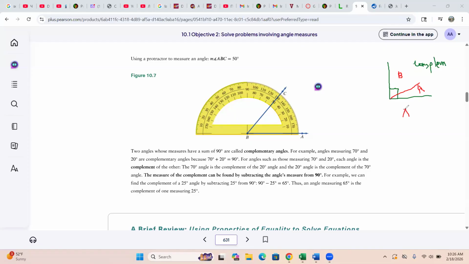Well, what's going on? Let's just jump. A plus B will give us 90 degrees. So that's a definition that is good to realize, that complementary angles added together produce 90 degrees.